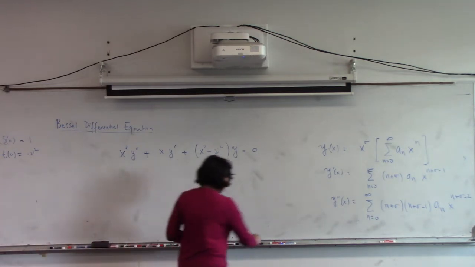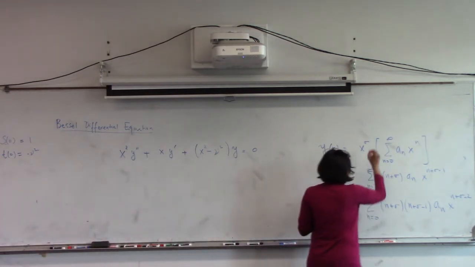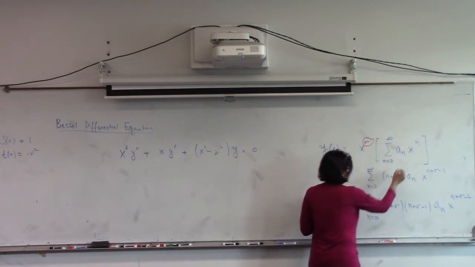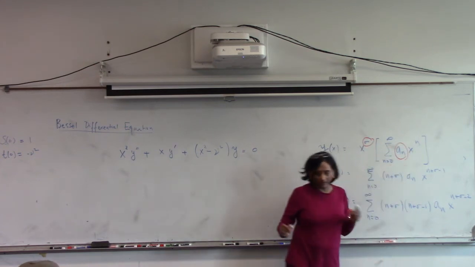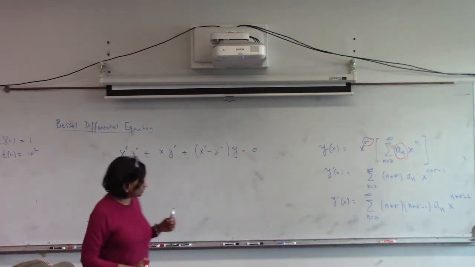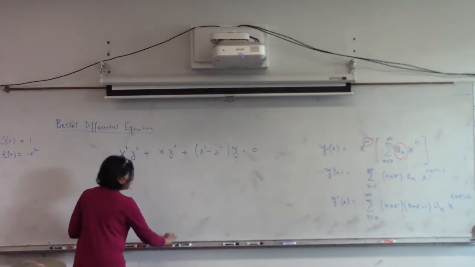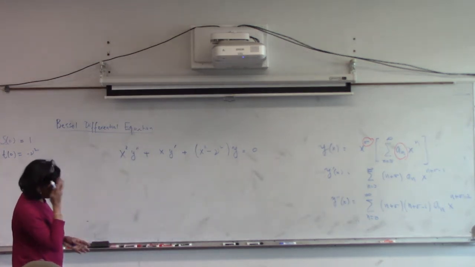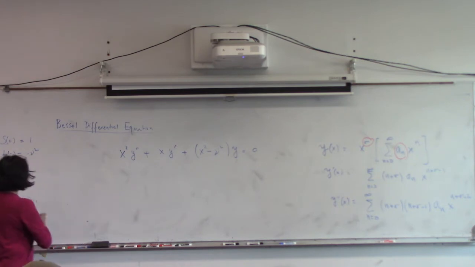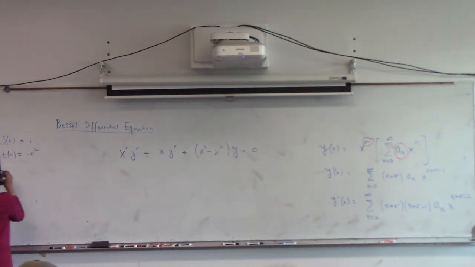In order to get the solution, we have to calculate what the indicial roots are and what the coefficients are. What we get from the recursion relationship will be ratios, and somehow we have to calculate the solution once we have all that. So what are the indicial roots of this equation?